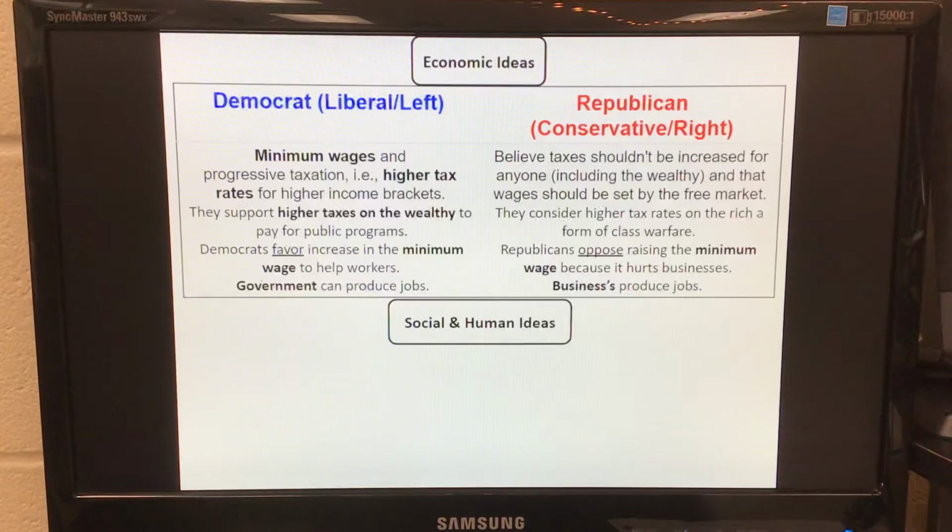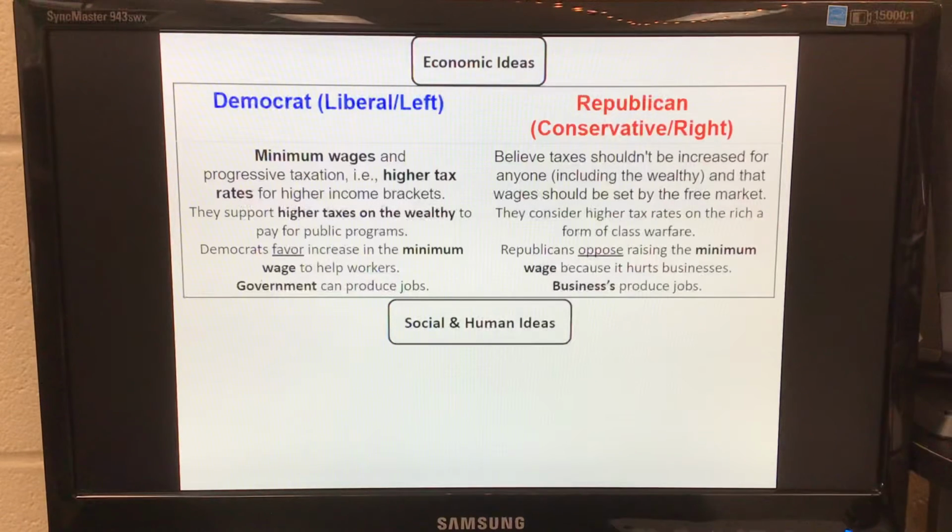That's what they believe in, progressive tax. As your income progresses, the more you pay. The more you make, the more you pay. That is the official Democratic Party stance on taxes.